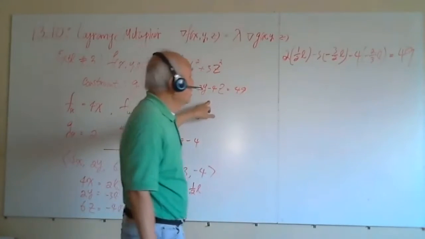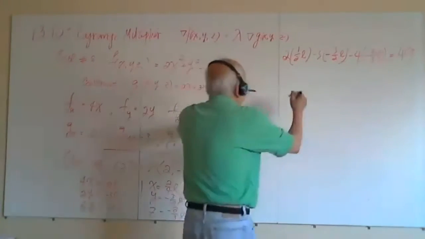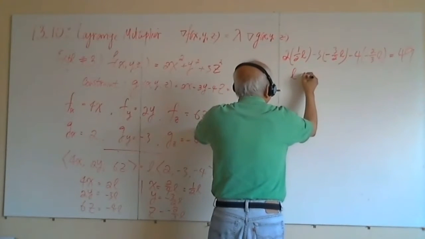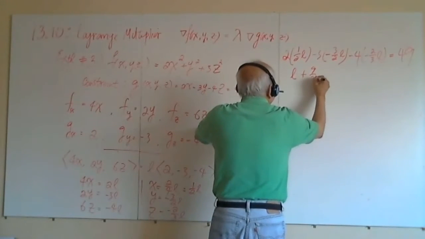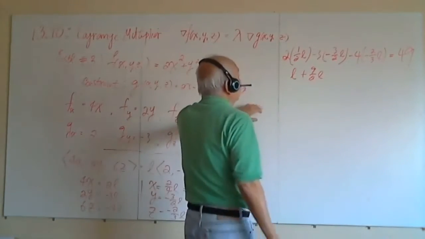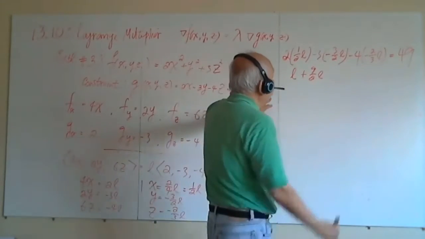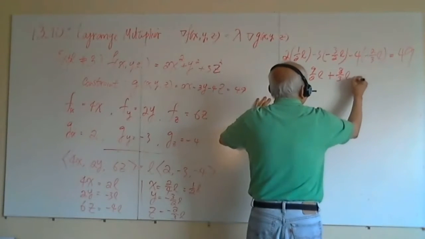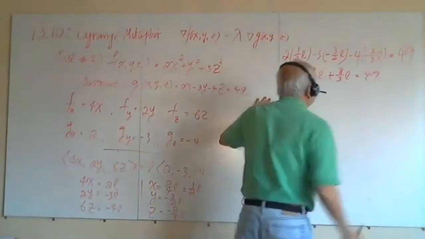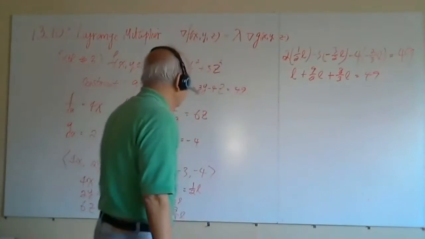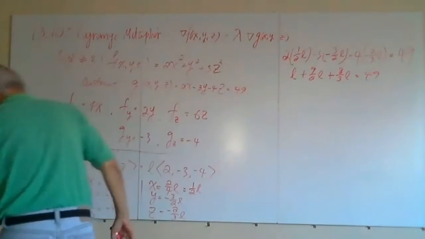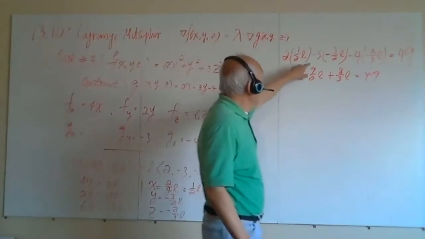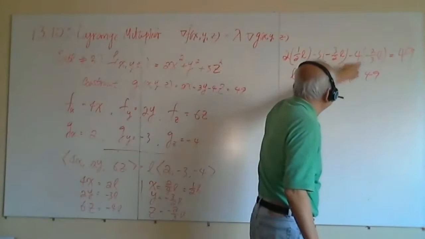Okay. Now, let's see what happened here. So this one is a nice number. So I get here L plus 9/2 L, right? Okay, and then plus 8/3 L equal to 49. Yes or no? This one becomes positive, this one becomes positive because we got negative.